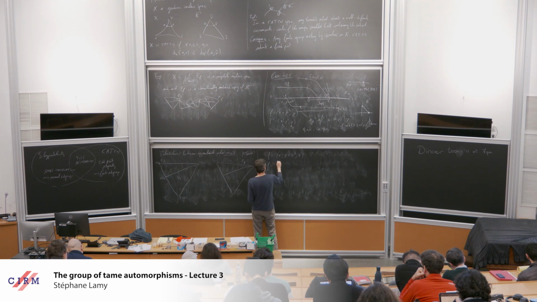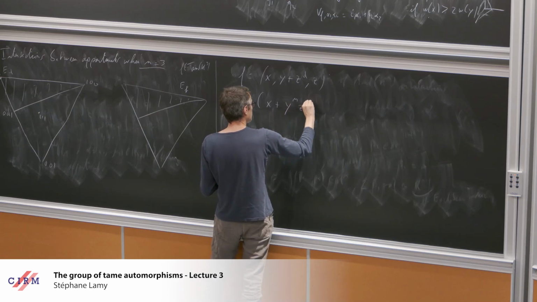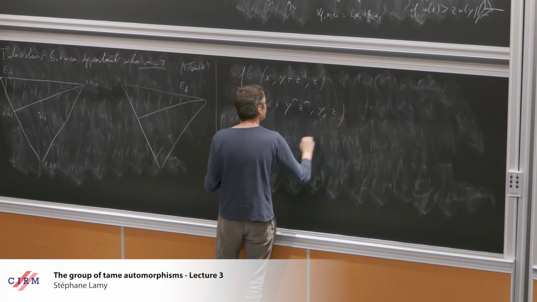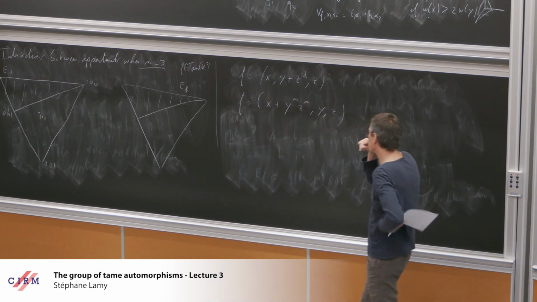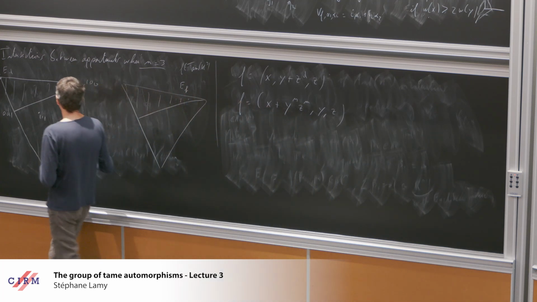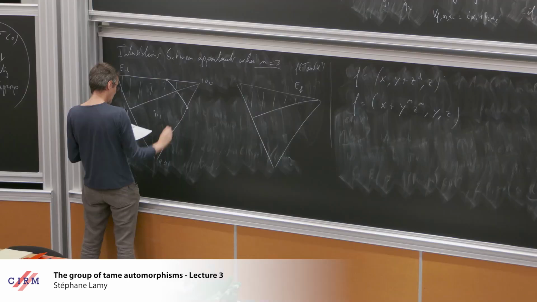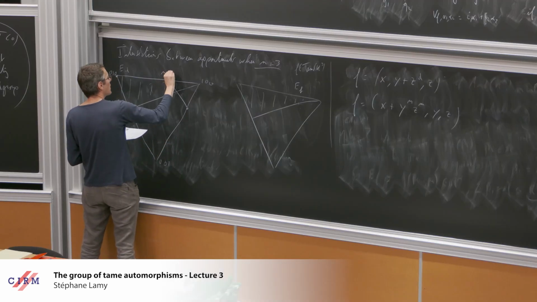Now, if I take f to be a monomial, so x plus a monomial in y and z, so say y to the n, z to the m, now the line is going to be like that. So you have the point m10 here.